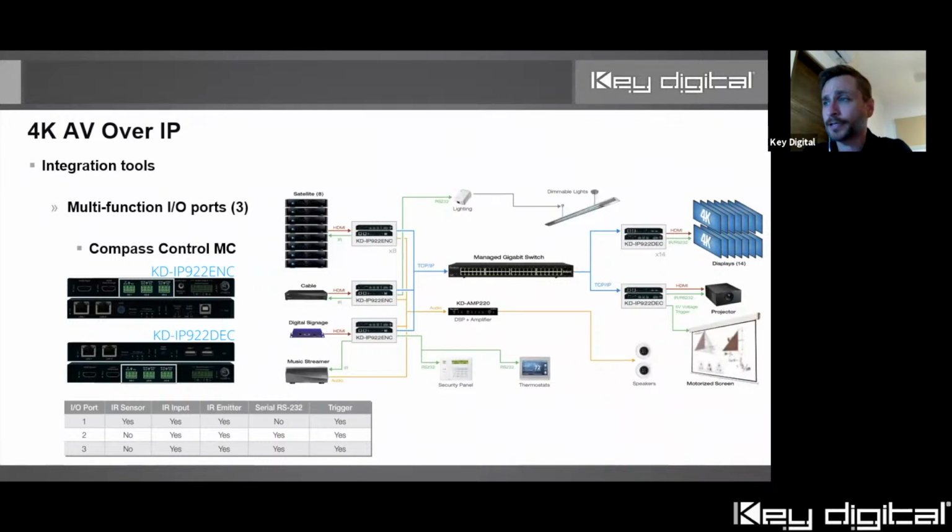So here you have 8 SAT boxes, a cable and digital signage. That's 10 encoders. You have 15 decoders between the 14 displays and 1 projector. That's a grand total of 25 encoders and decoders. 922s have 3 ports.